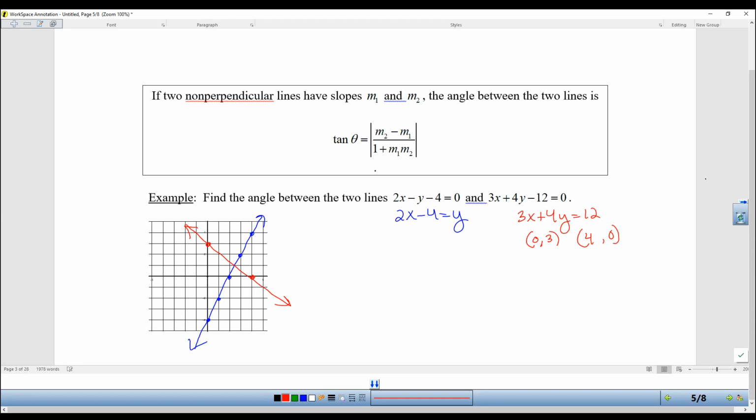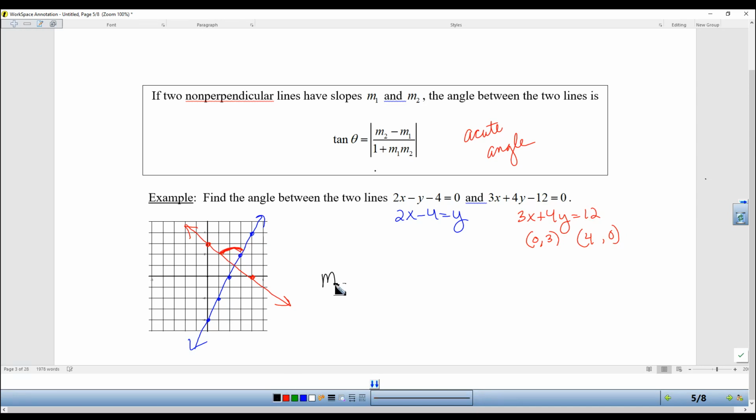Wow, they practically look perpendicular, right? Pretty close. So if I'm going to find the angle between the two lines, this formula is always going to find the acute angle. So it's going to find this one right here.